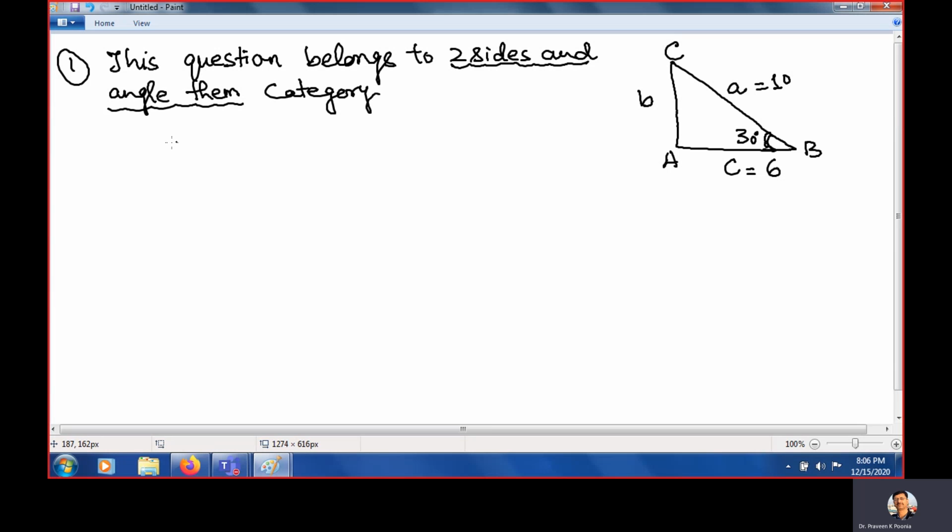Let us see what is given. Angle B is 30 degrees, A is equal to 10 and C is equal to 6.